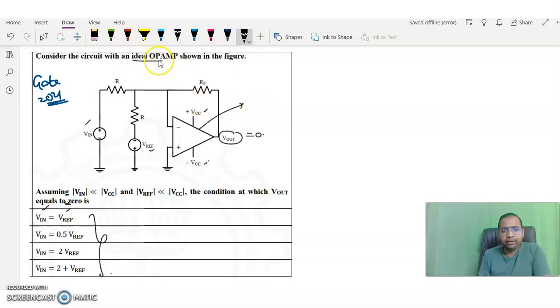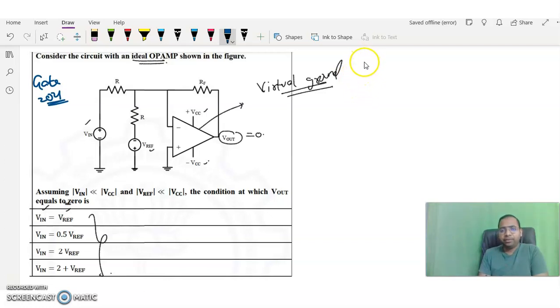It is an ideal op amp, as they already mentioned. If any op amp is said to be an ideal op amp, then it follows the virtual ground concept. I will tell you what this virtual ground concept is. In the previous video also I told about the virtual ground concept.